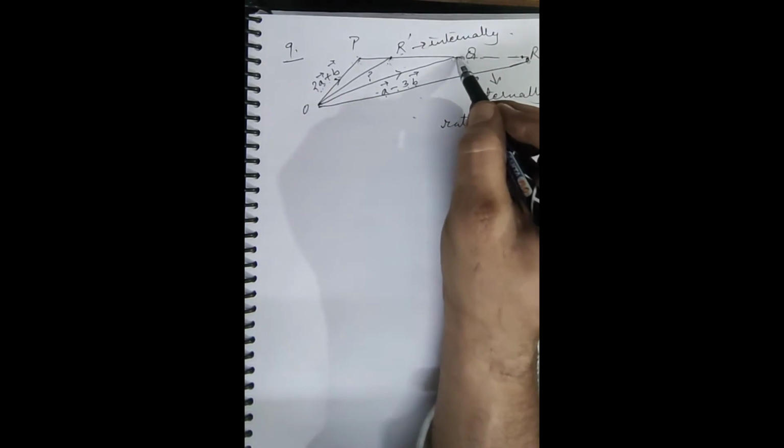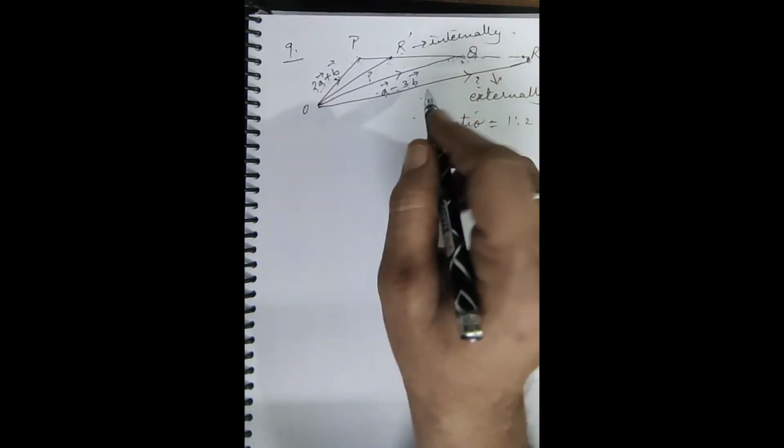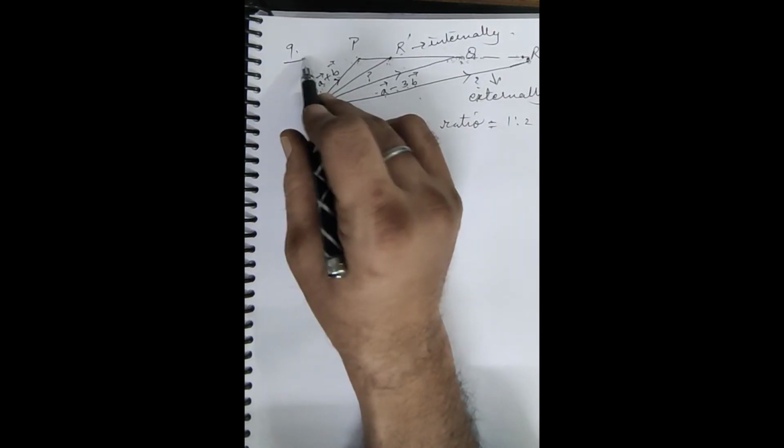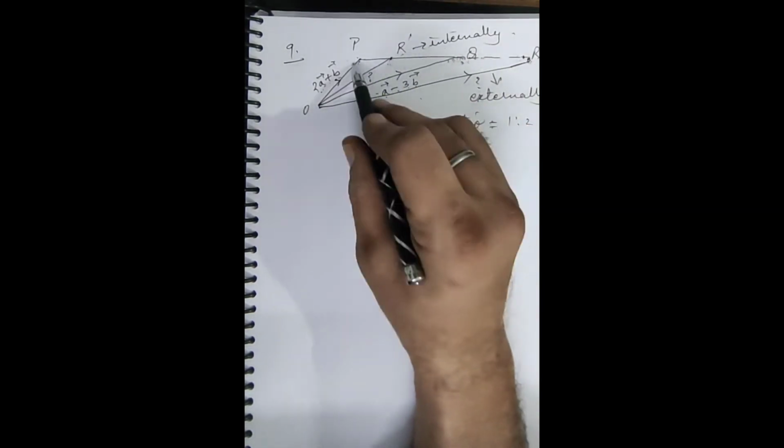If R is beyond PQ, beyond Q that side or beyond P that side, the left hand side, but is collinear with these two points P and Q, then such a section with respect to R is known as external section. Here I have drawn R randomly beyond Q. We say that point R divides PQ externally.